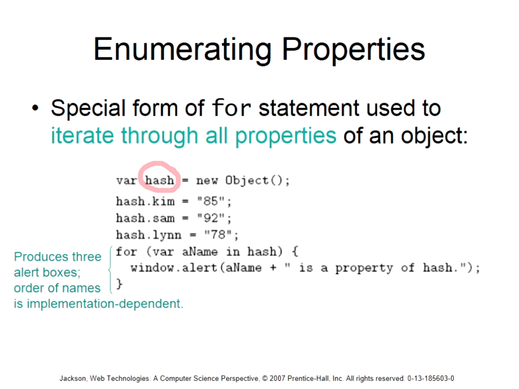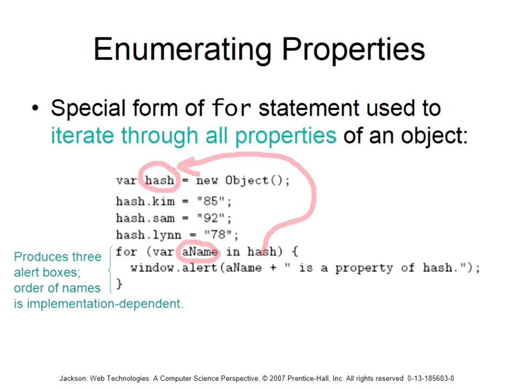So in this example, if I want to display the value of the property, I can use a for variable in object loop. This is the name of the variable, and after that the name of the object.